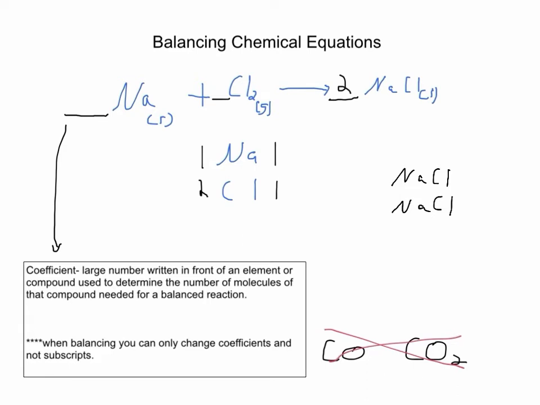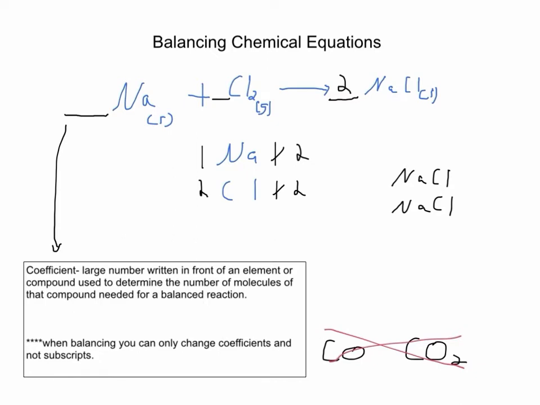So this changes the total of the number of atoms I have. Instead of having one chlorine, I now have 2. Instead of having 1 sodium, I have 2 sodium chlorides. So I have 2 sodium atoms.